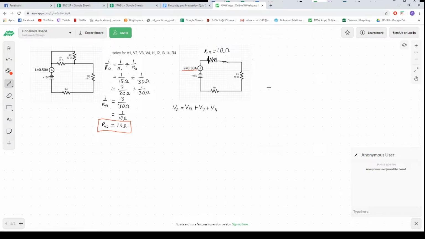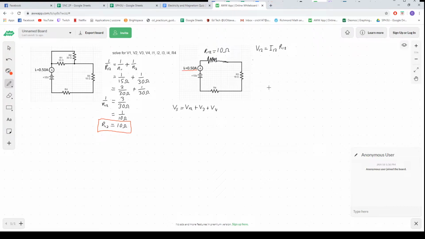So let's solve for our first voltage, which will be V12. It'll be the voltage that we lose through the combined resistor 1, 2. So we can use V equals IR, so V12 equals I12 R12. We're trying to solve for the voltage, so we don't need to do any reorganization.